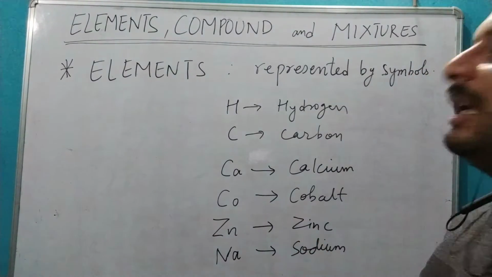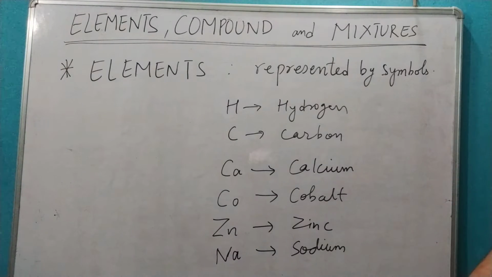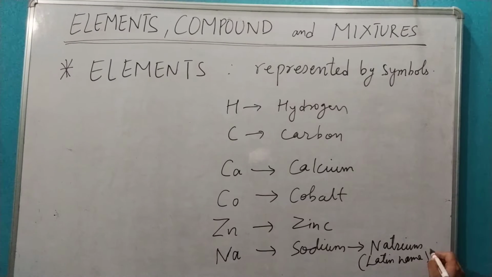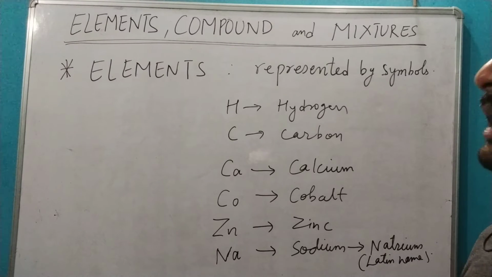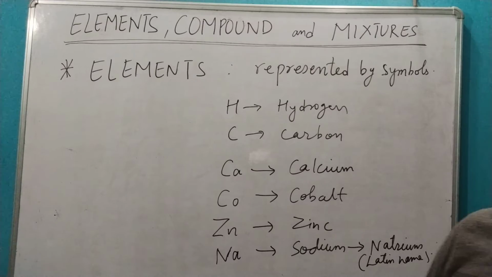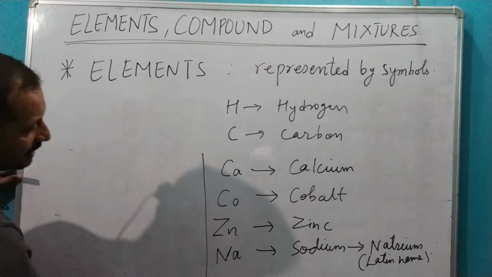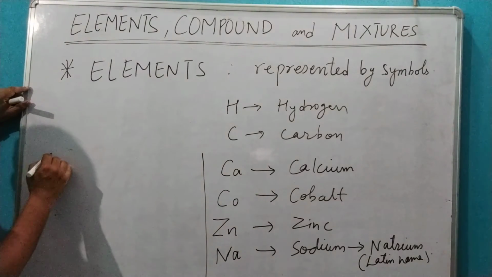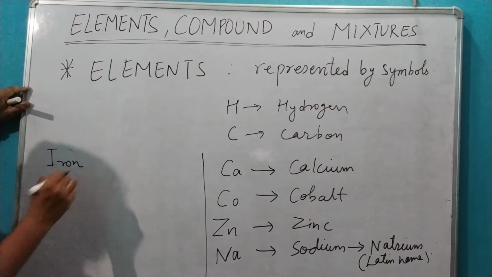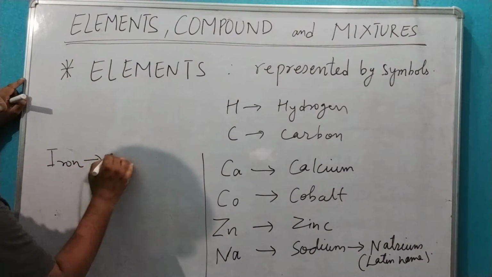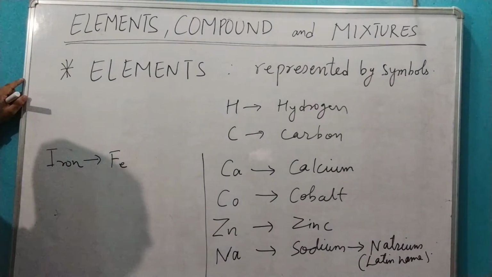Here, actually, we take the Latin name of sodium, which is natrium. The Latin name we take. So there are some elements whose symbols are taken from their Latin names. For example, iron is generally written as Fe.